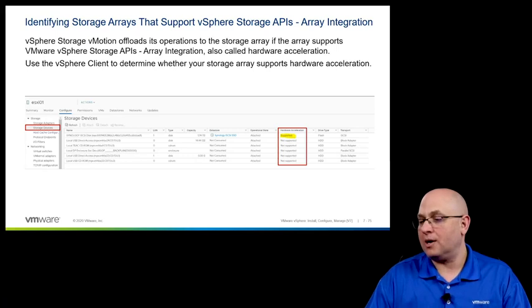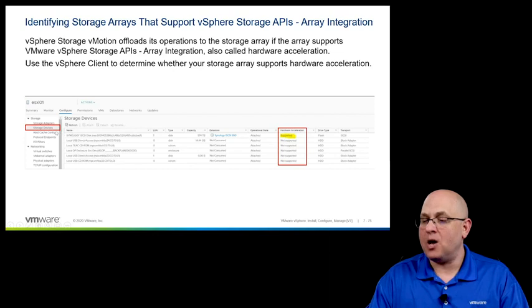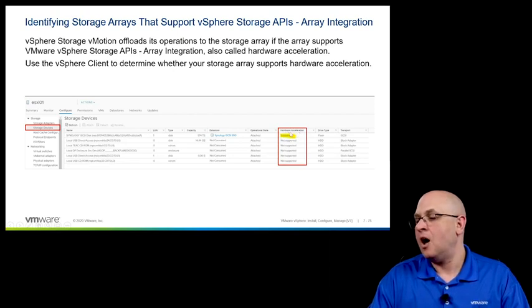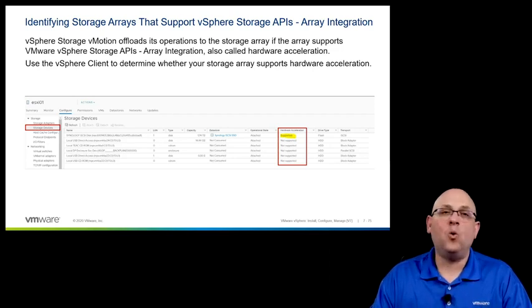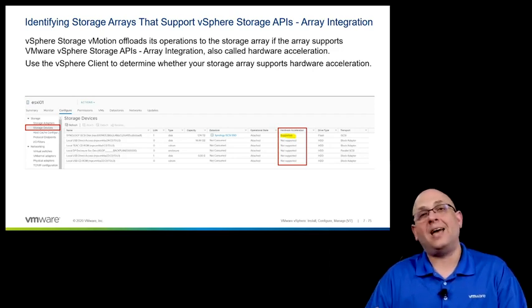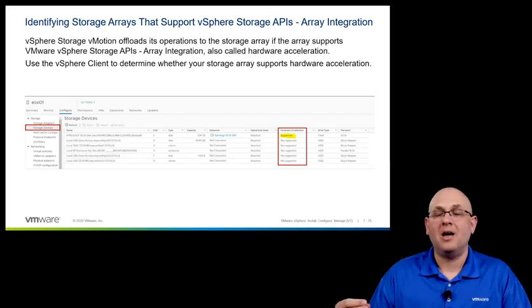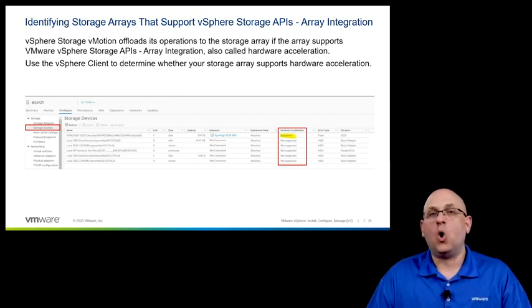You can also look at the individual LUNs by going to your ESXi host, selecting Configure, and then Storage Devices. If you see in this column that says Hardware Acceleration and you see Supported, that tells you that VAAI is a feature set that is available on that particular LUN. Now we'll know whether or not we need to plan for saturating the storage network as we're executing a storage vMotion, or we can do everything within a single storage array.